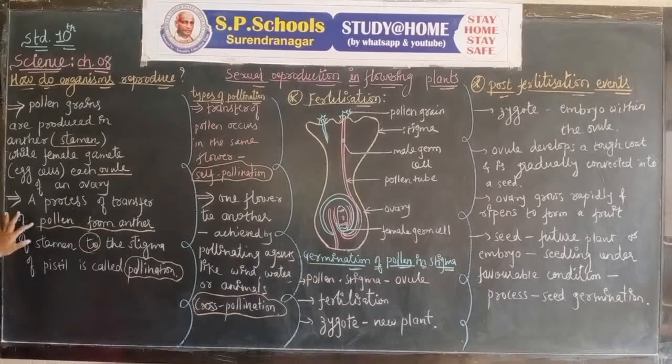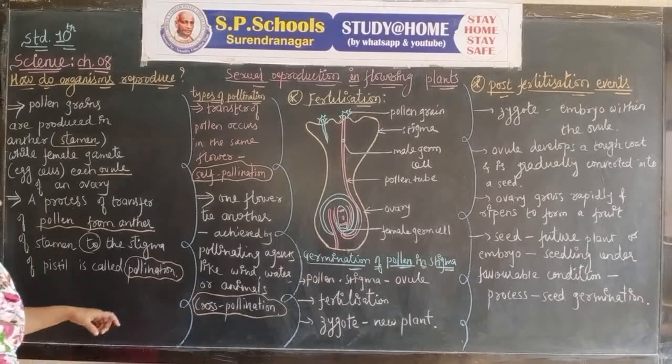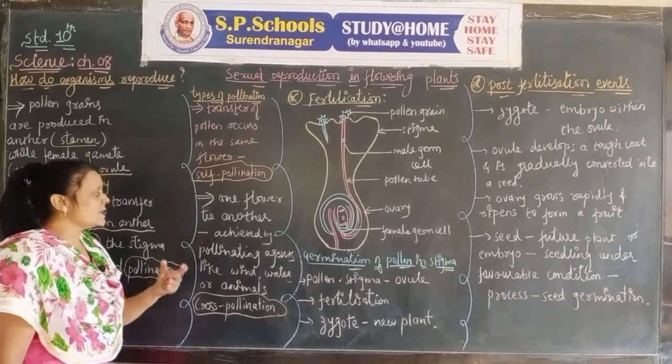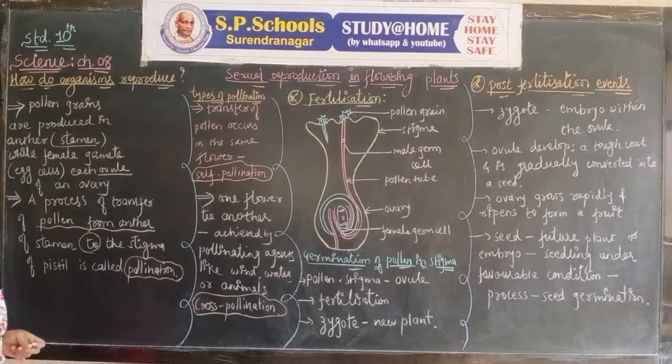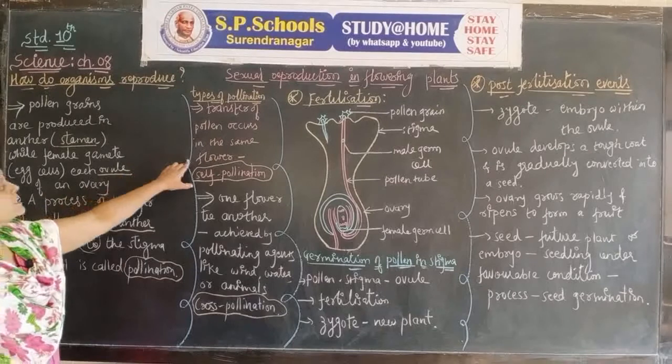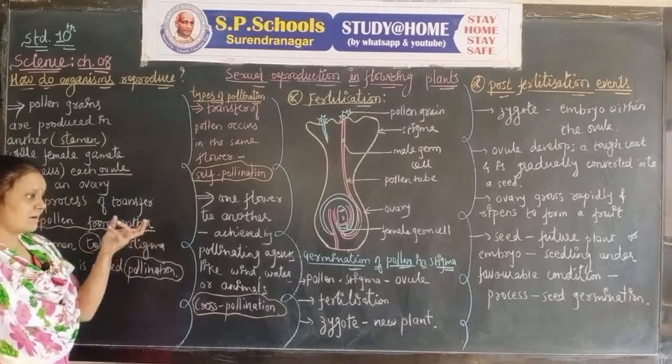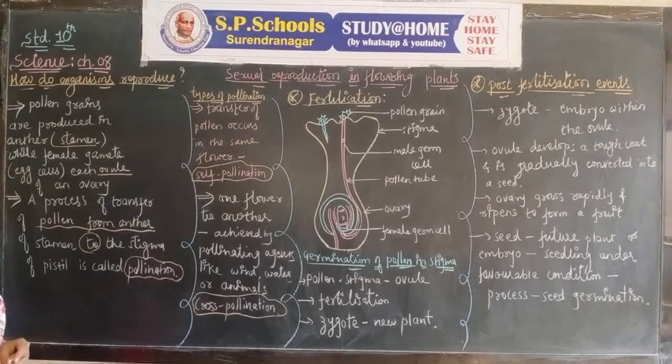Pollen is developed in the anther, and the stigma is developed in the pistil. Both can be present in one flower, or the transfer can be from one flower to another. If it happens in the same flower, it is called self-pollination, but if in another flower, it is called cross-pollination.